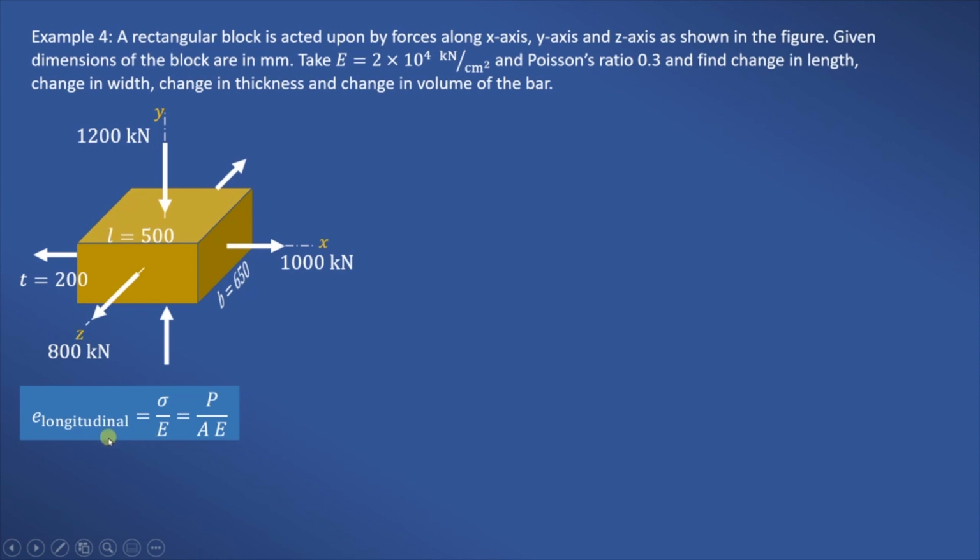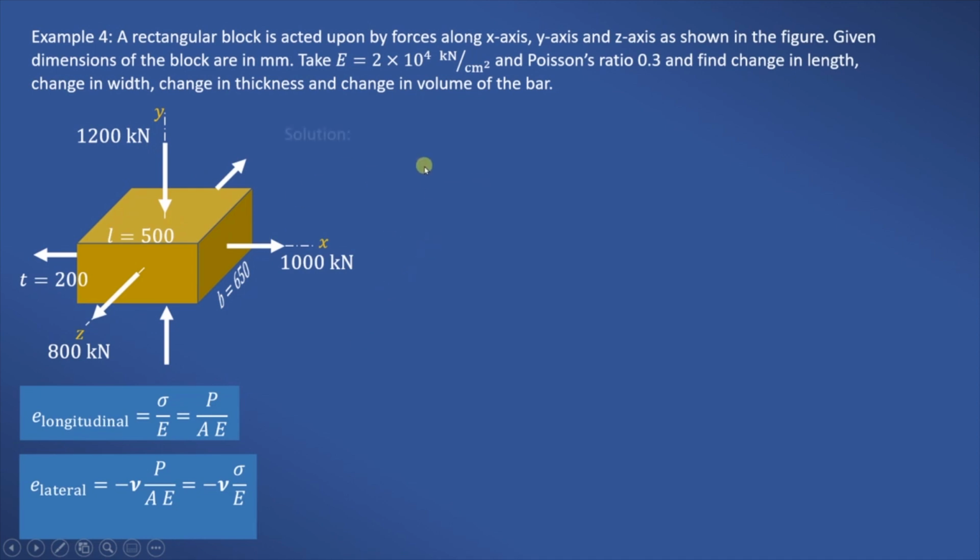Longitudinal means strain in the direction of force, or strain along the line of force. Lateral strain is opposite to longitudinal strain. It is nu times longitudinal strain. You can write it in terms of stress, you can write it in terms of loads. Now here loads are given, we are going to write it in terms of loads.